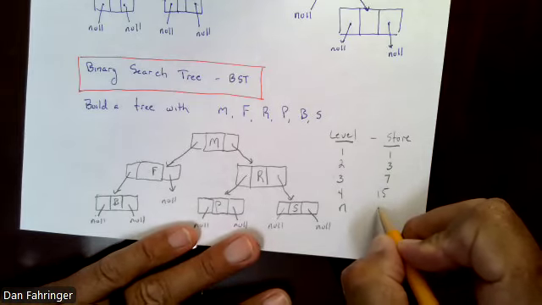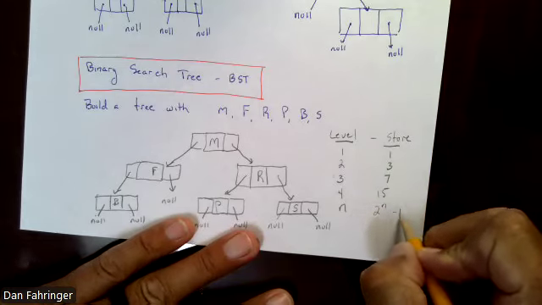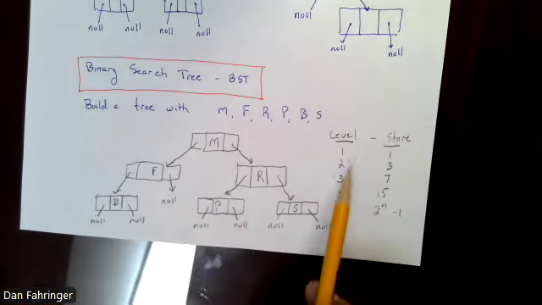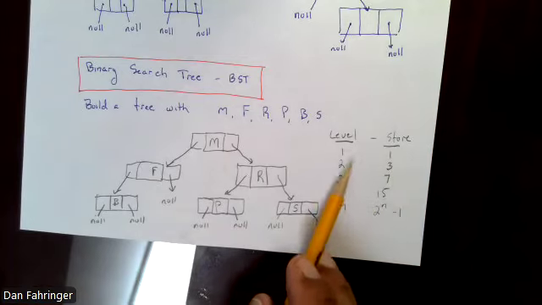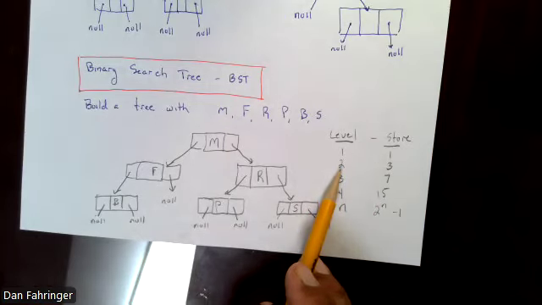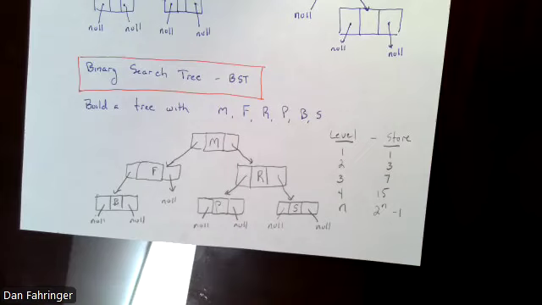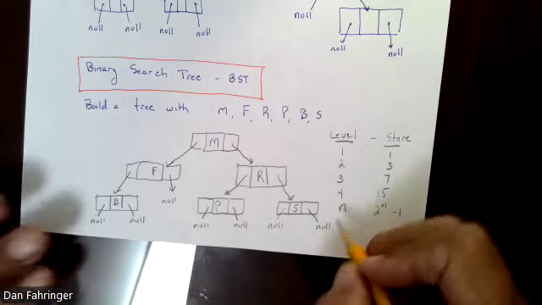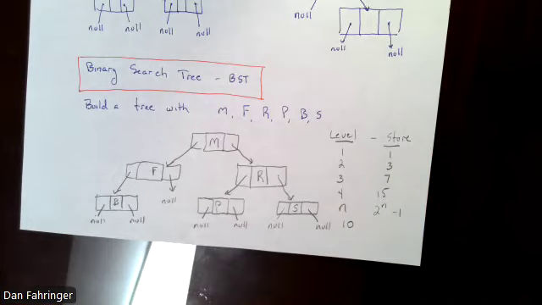It's in there somewhere. Two to the first power is 2 minus 1 is 1. 2 to the second power is 4 minus 1 is 3. 2 to the third power minus 1 is 7, and so on. So if I had 10 rows, how many values could I store?